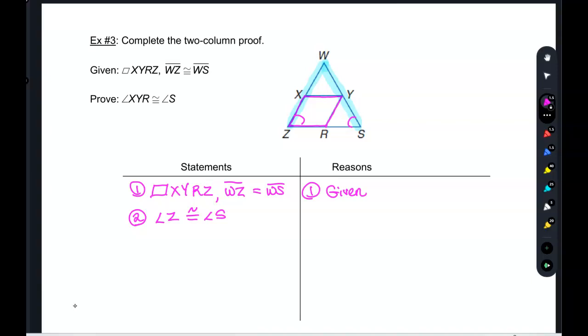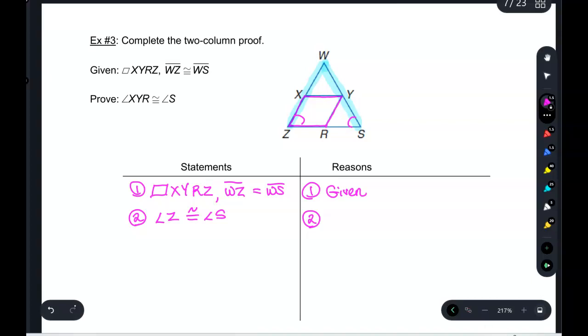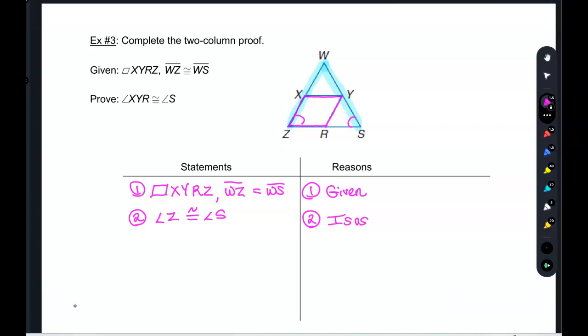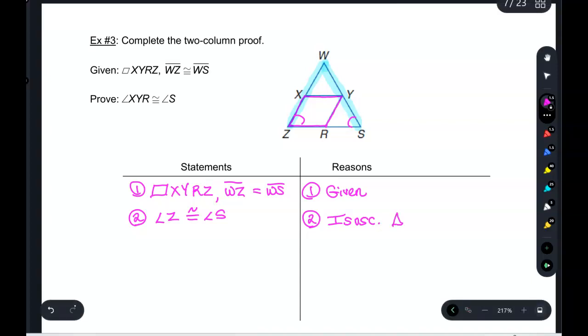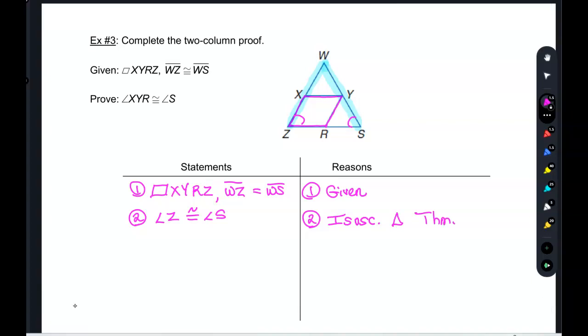So if you want to use three letters, you can. Does anybody remember the reason? Isosceles triangle theorem. It's okay. If you wrote isosceles theorem, I'd give you credit because if you're talking about something isosceles, it's automatically referring to a triangle.